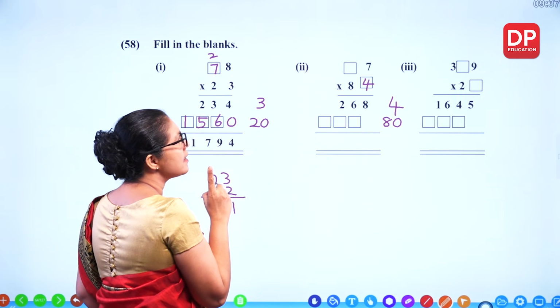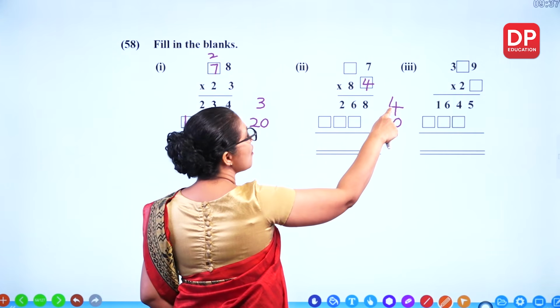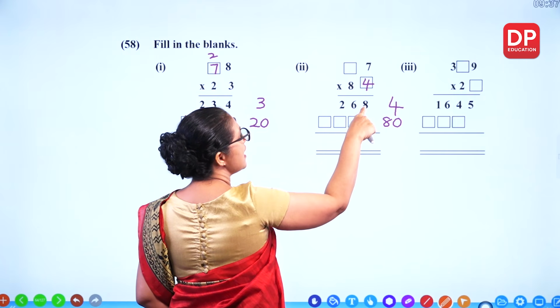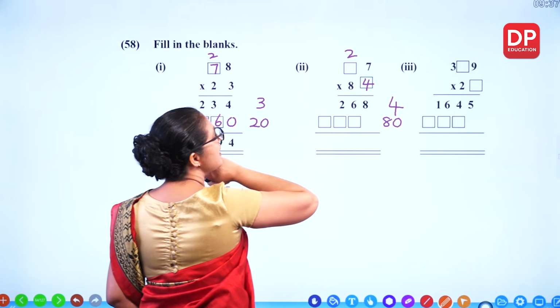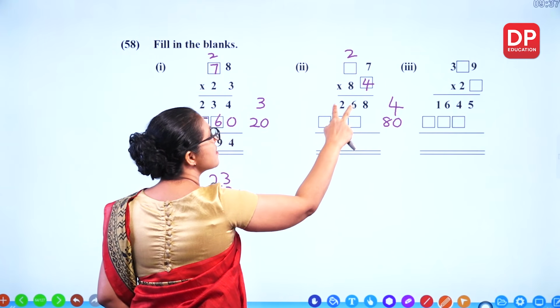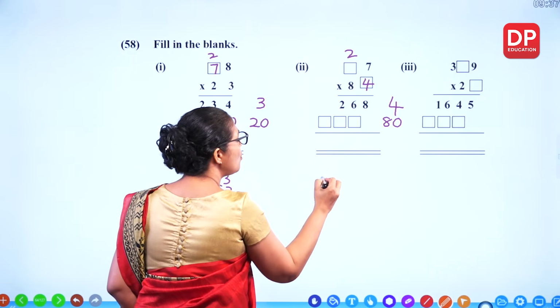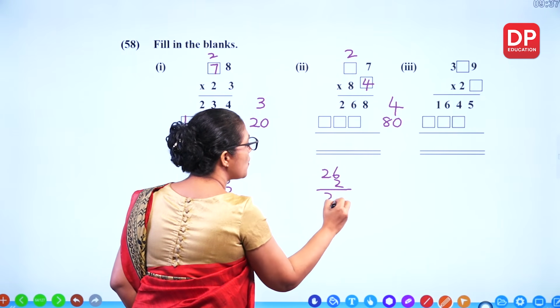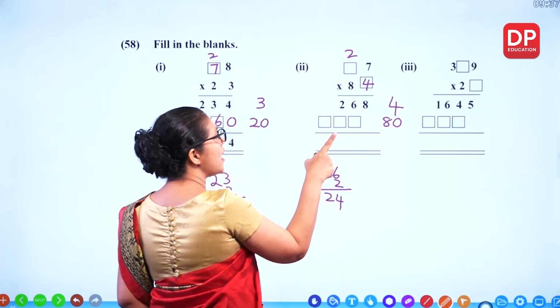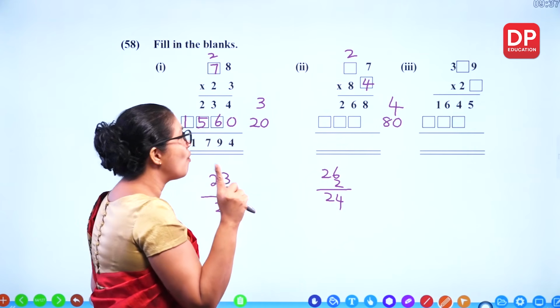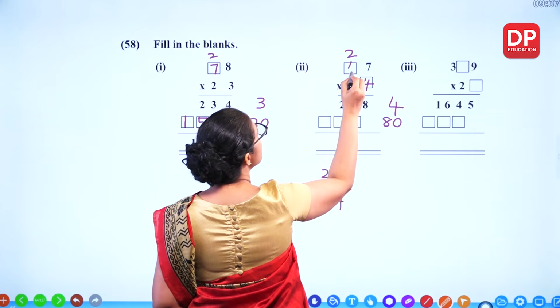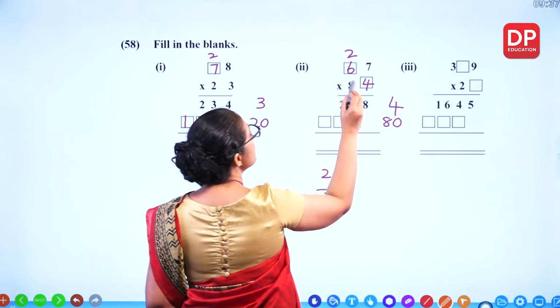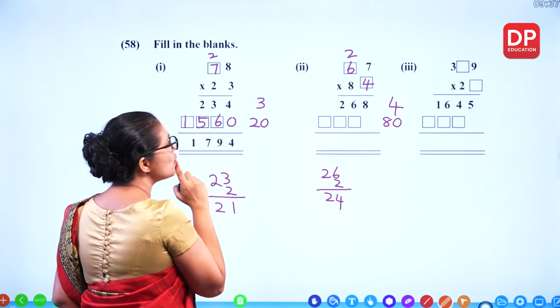Now check that value. 4 times 7, 28. 2 remaining. Answer is 26. 26 minus 2, you get 24. How do you get 24 from 4? 4 times 6. So 4 times 6, 24 plus 2, 26.